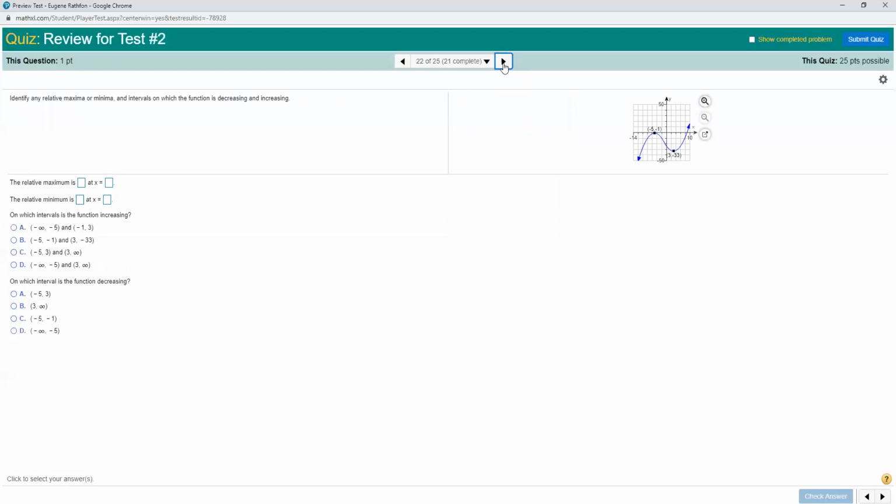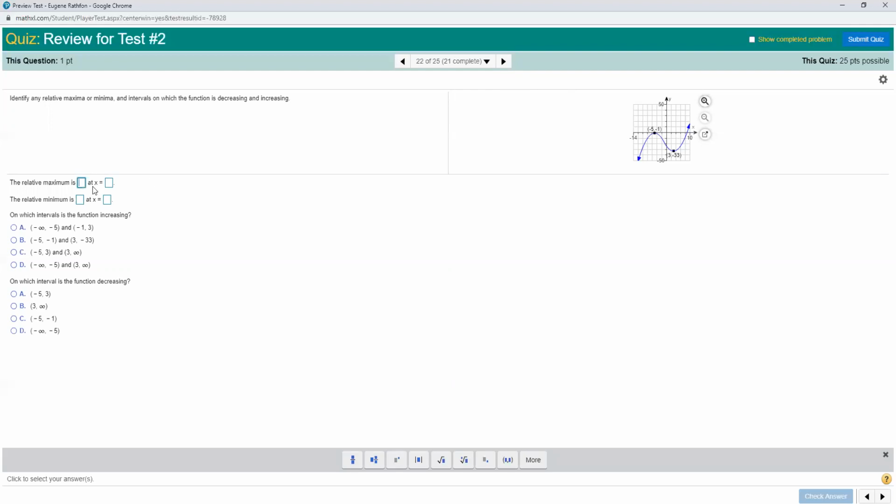I'm trying to see how many I've eliminated so far. All right, so it looks like 22 is the 5th one that I took off of here, okay? So we'll still do this. It's got everything here.